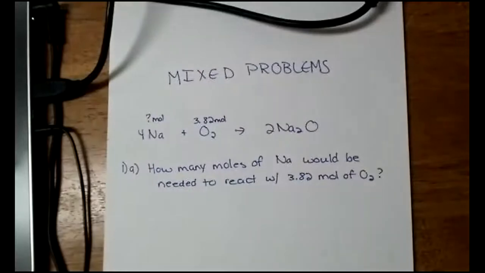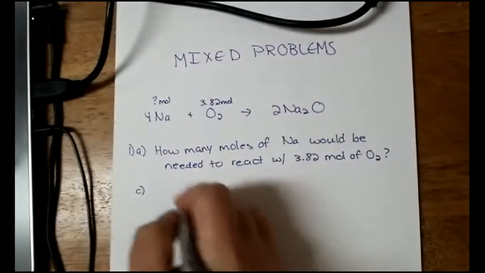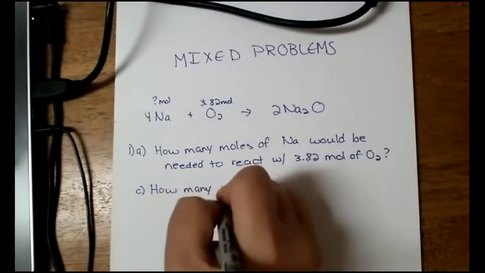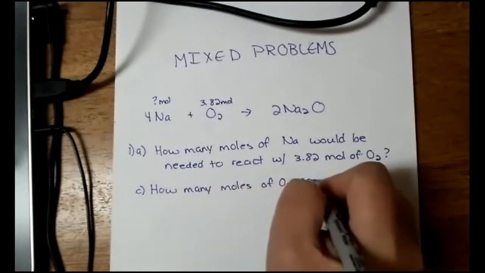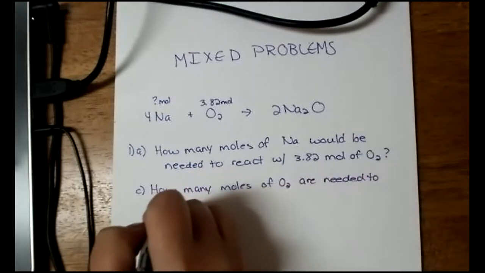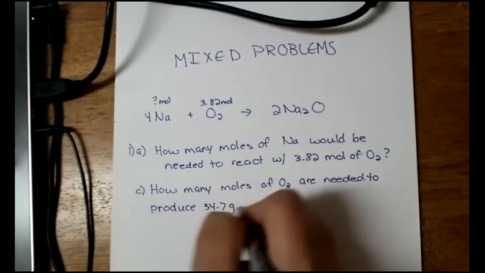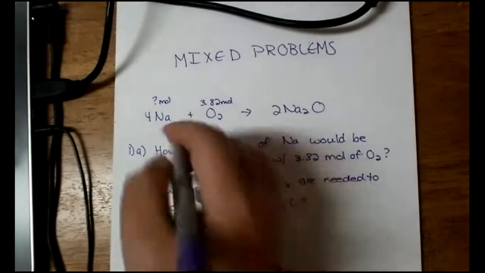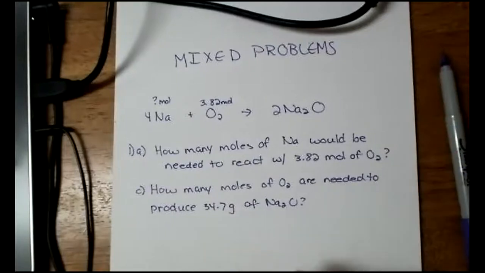Okay. So if you go on down to letter C on number 1, they ask us how many moles of O2 are needed to produce 34.7 grams of Na2O. So same reaction. This time we're just working another problem with it.